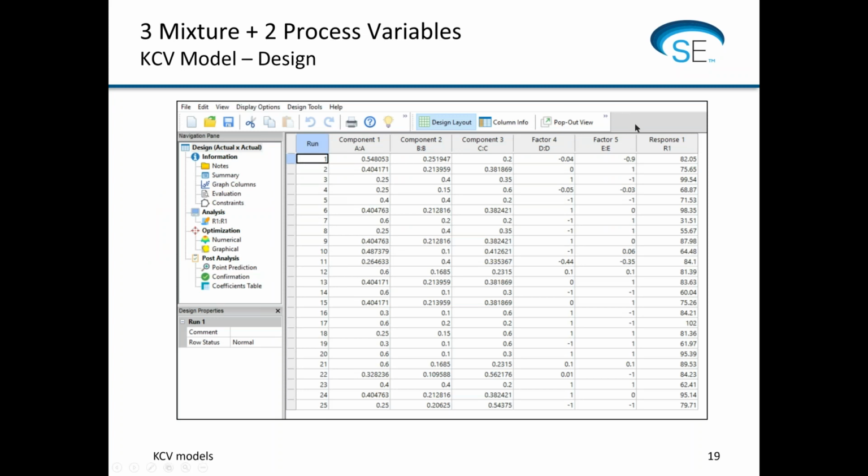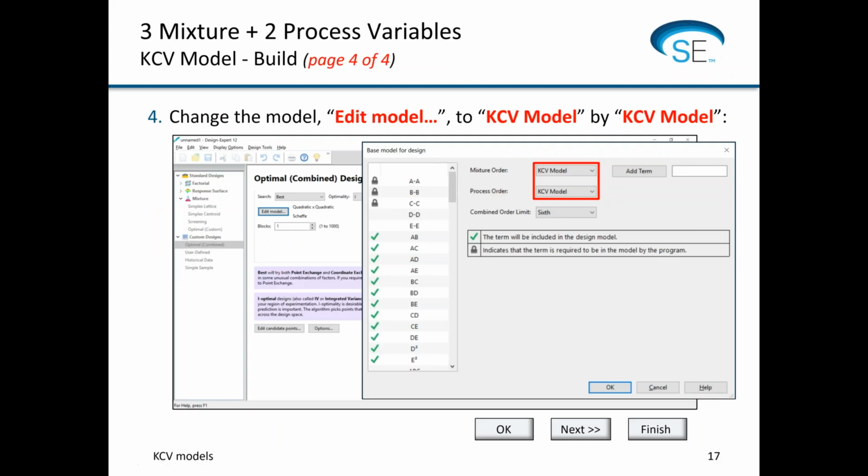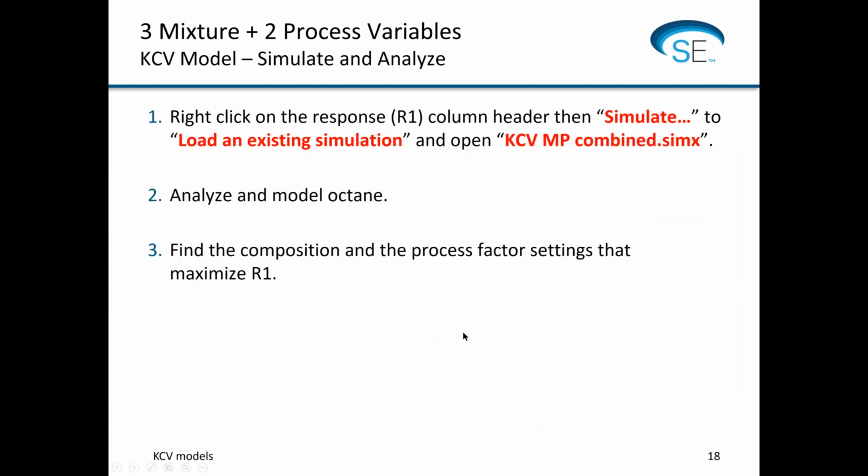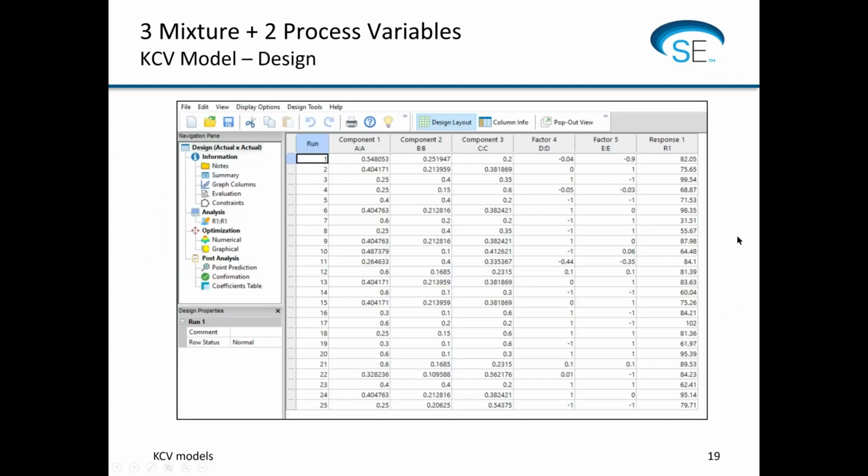It would have a number of runs equal to the number of coefficients in the model, plus 5 runs for lack of fit, plus 5 replicates. That should give you a pretty good design. And that gives you 25 runs, 15 for the coefficients, and then 5 for the lack of fit and 5 replicates.